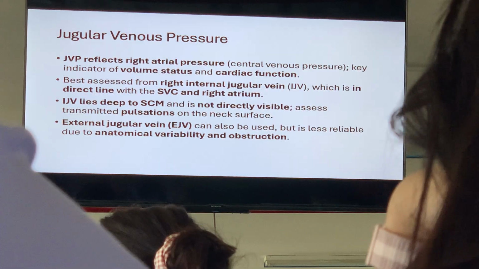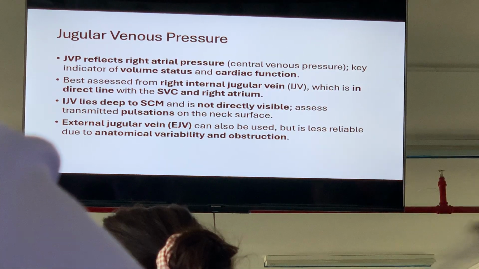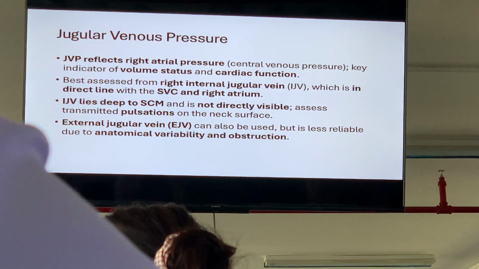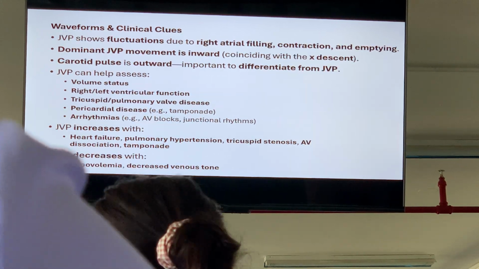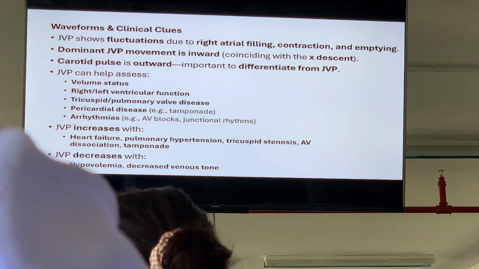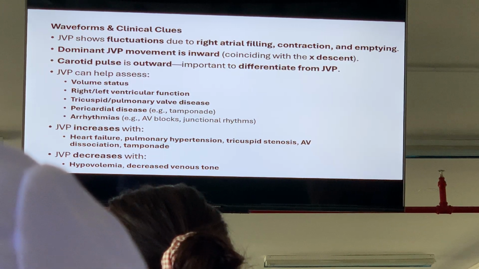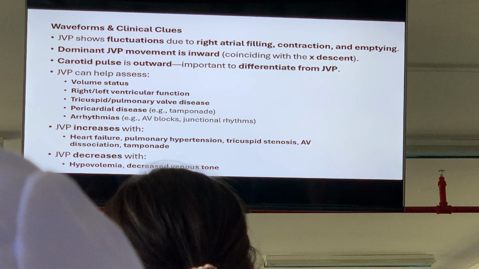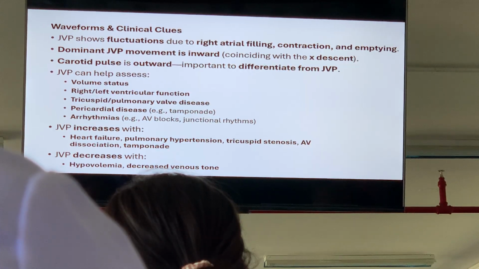The external jugular vein can also be used, but it is less reliable due to anatomical variations and surface obstructions. So these are the waveforms and the clinical clues which help you in determining your JVP. JVP shows fluctuation due to the right atrial filling, contraction, and emptying.